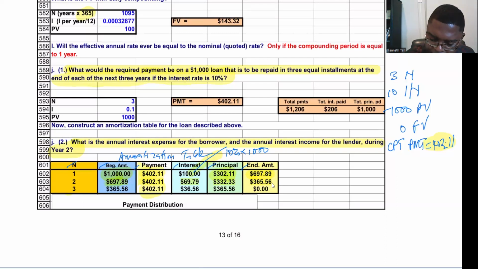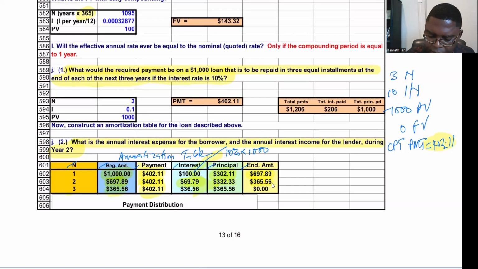So we bring that balance here at the beginning of year 2. The same amount is paid. We calculate 10% of this beginning balance, which is 69.7. So we take this payment that was paid minus 69.7. The rest goes to the principal. So this principal is reducing the beginning balance. So the ending balance is 365.56.